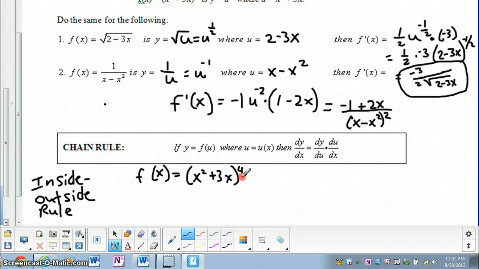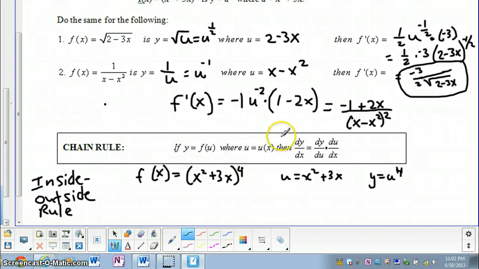So remember we said that this is our function. Here is our u. We're trying to make this more simple. And our y would be u to the 4th. Okay.